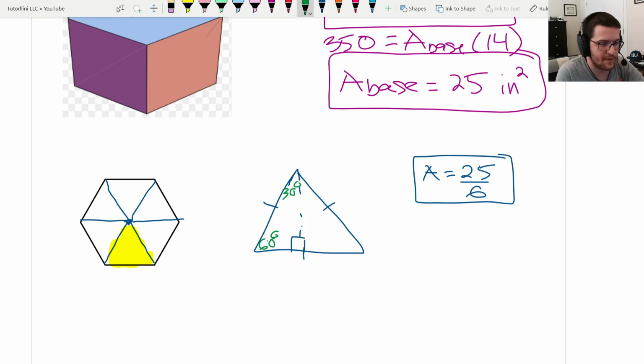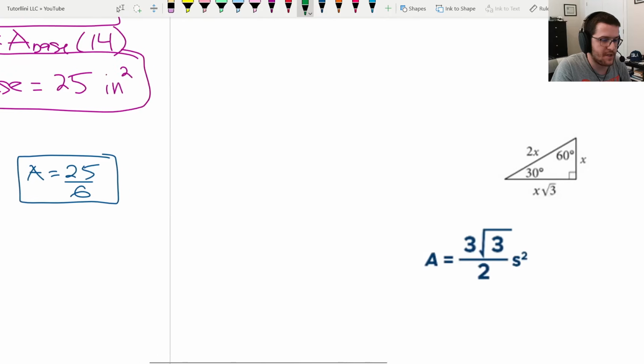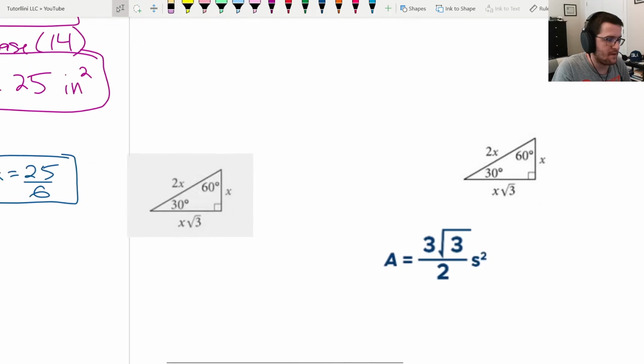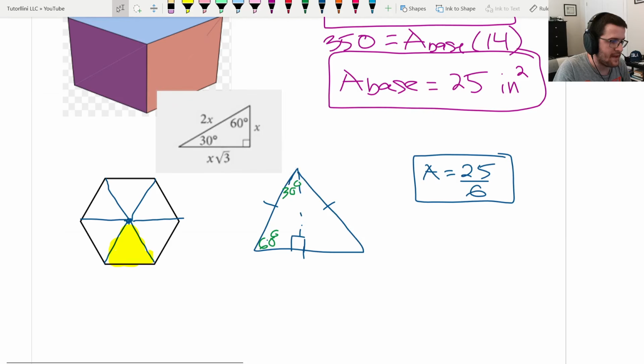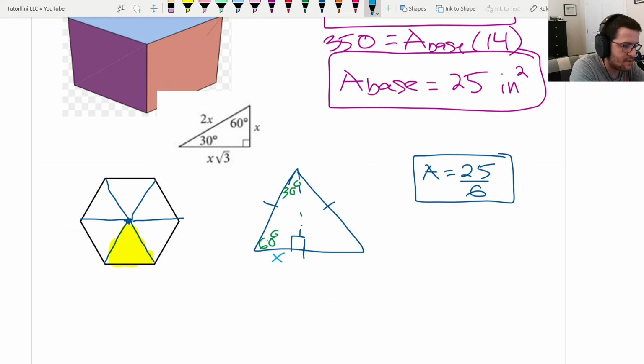So before we go any further, let's check the reference sheet and pull up the 30-60-90 triangle. Let's label this one: across from 30 would be x, across from 60 would be x root 3, and across from 90 would be 2x.